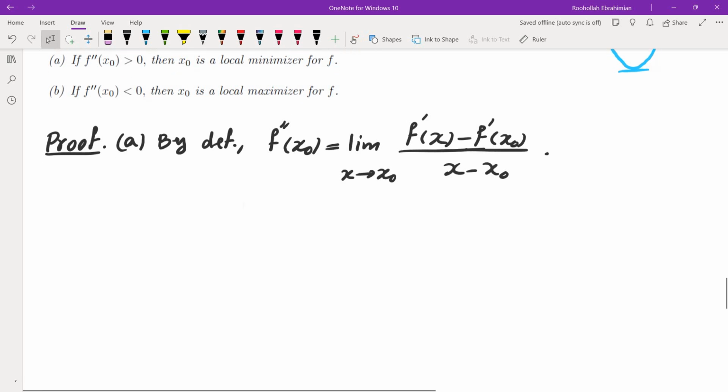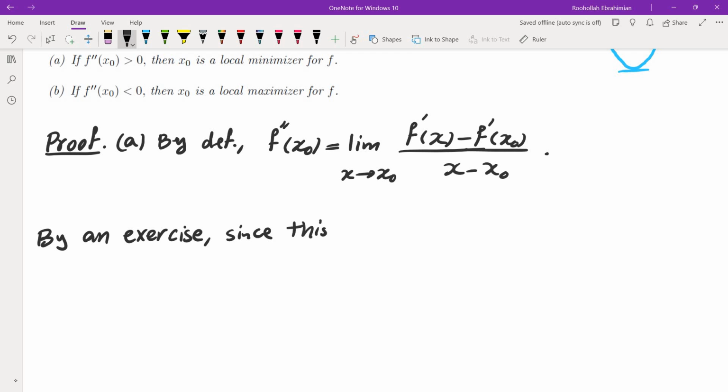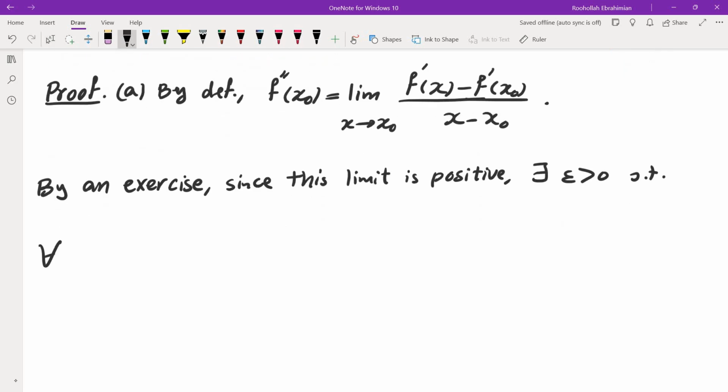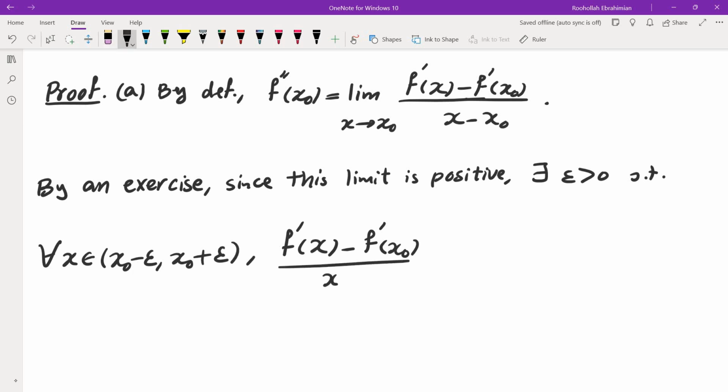By one of the exercises that you had, since this limit is positive, there is some positive epsilon such that for every x inside x0 minus epsilon and x0 plus epsilon, this fraction, f prime of x minus f prime of x0 over x minus x0, is in fact positive.